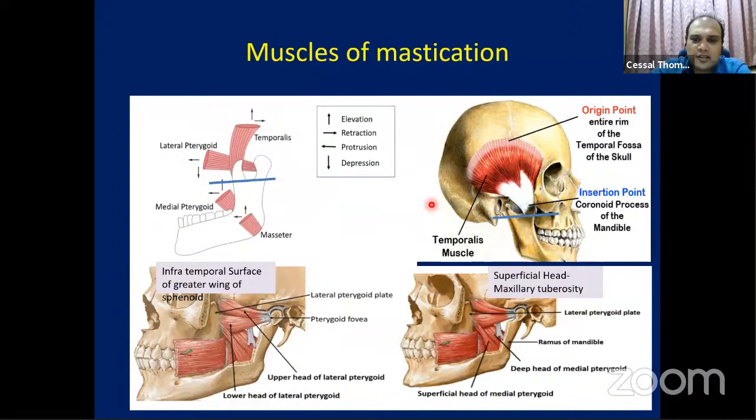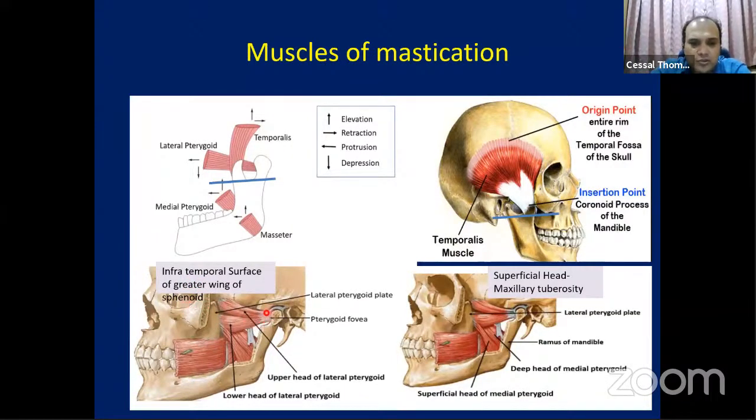The temporalis muscle originates from the entire temporal fossa and is inserted into the coronoid process. The lateral pterygoid has an upper head and a lower head. It arises from the lateral edge of the pterygoid plates and also from the infratemporal surface of the greater wing of the sphenoid.